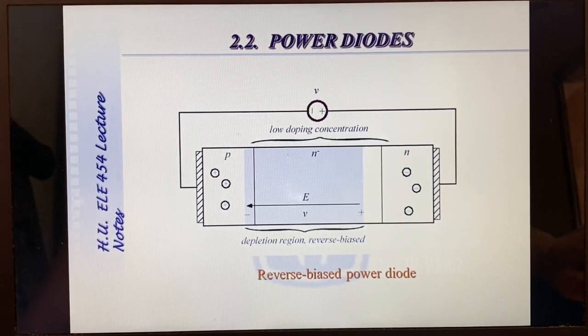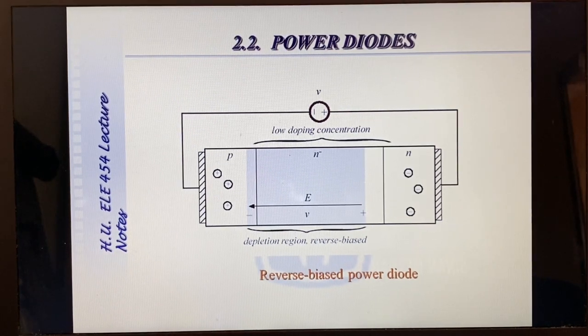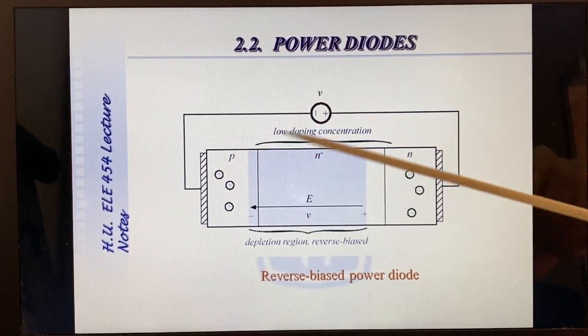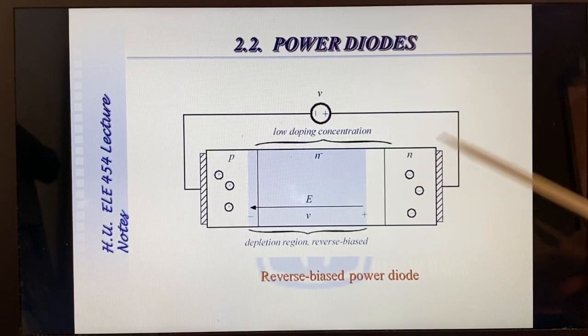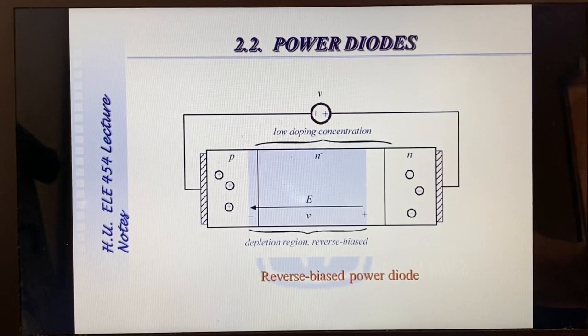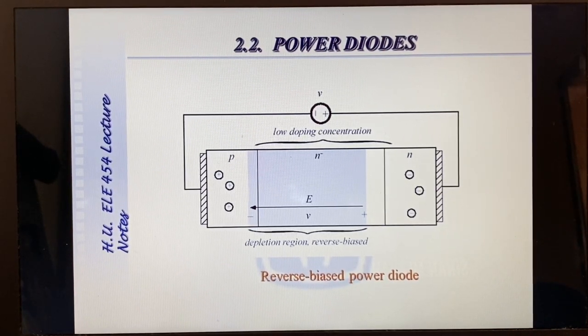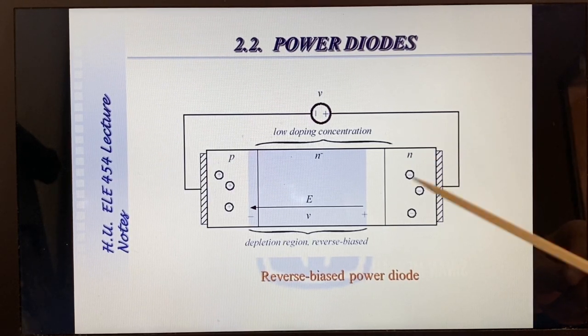Now, how does a PN junction diode operate? In a PN junction diode, silicon material is doped with either P-type or N-type impurities. An N-type material is formed from phosphorus, antimony, or arsenic, where atoms have a free electron in their outer orbit.